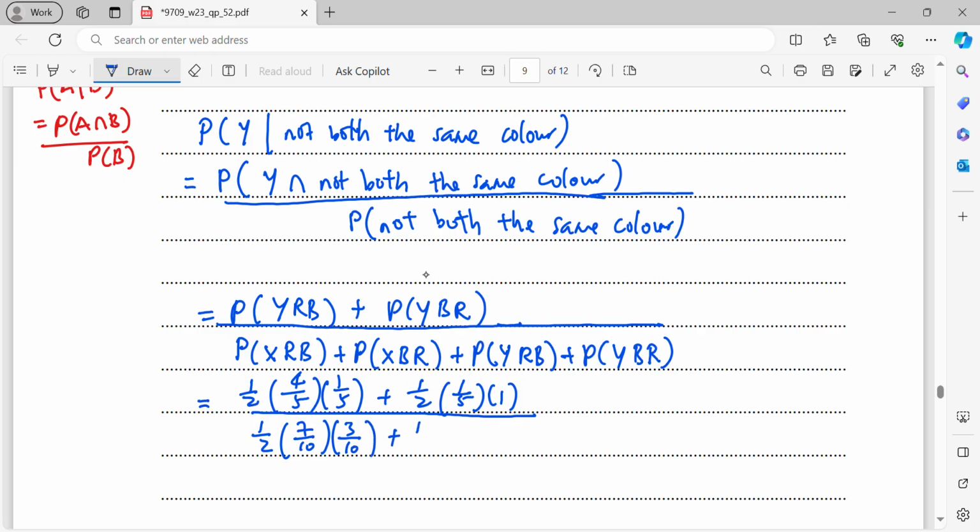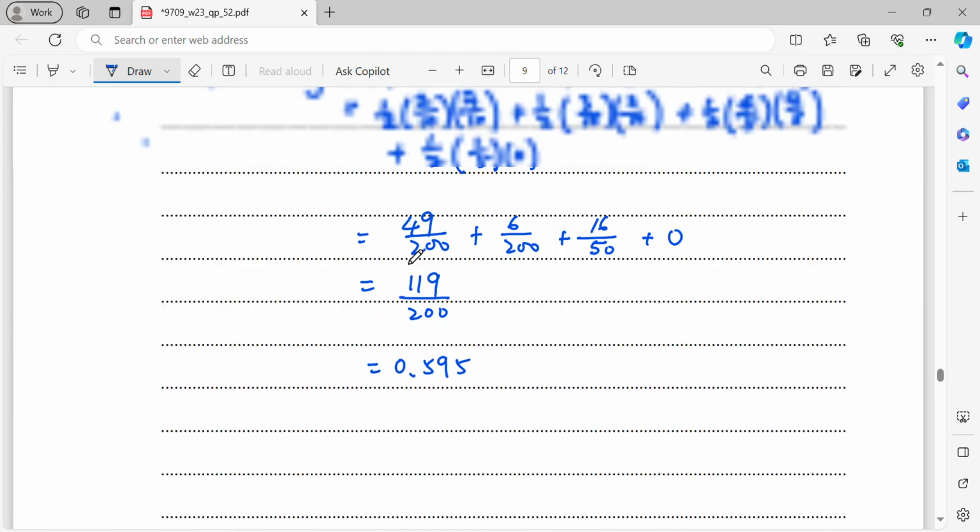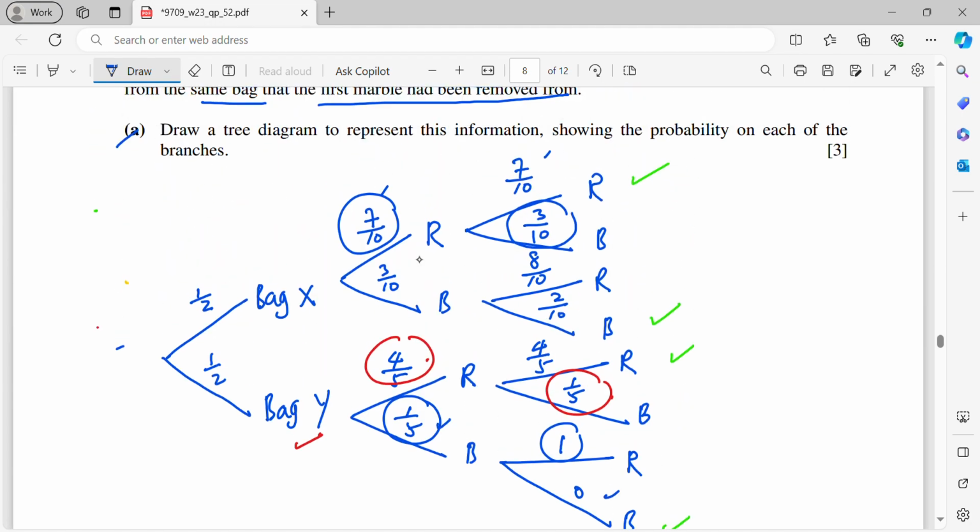Then XBR, X is half. Okay, XBR, then it will be 3 over 10 times 8 over 10.